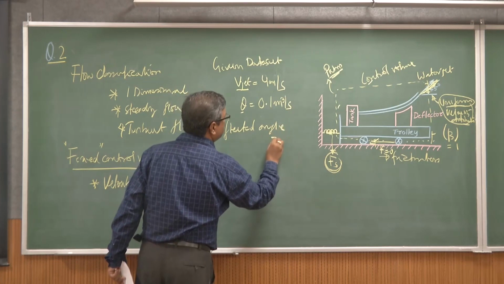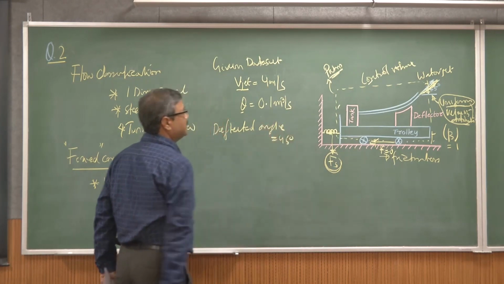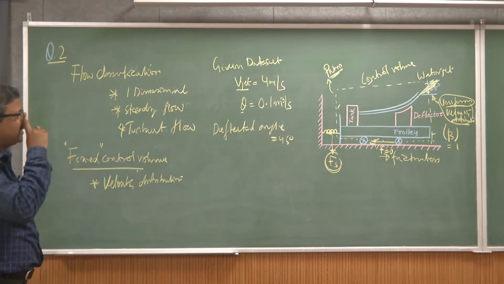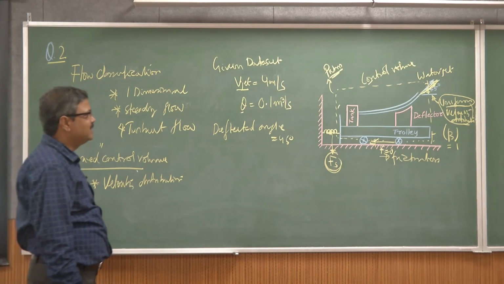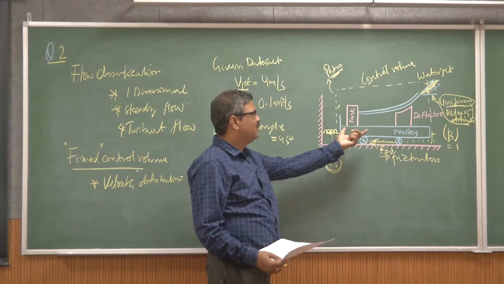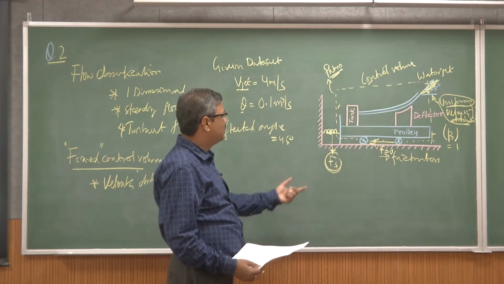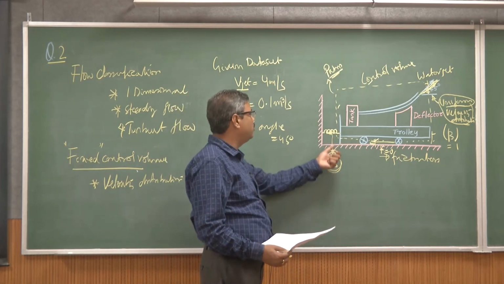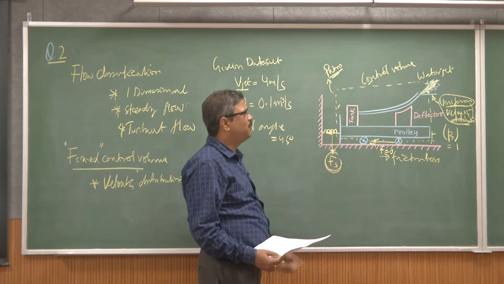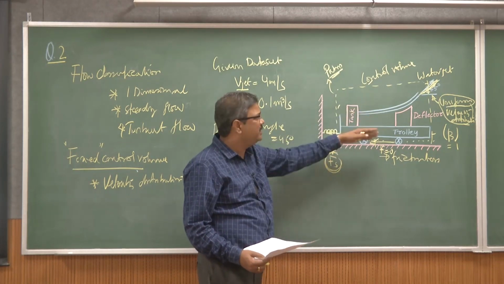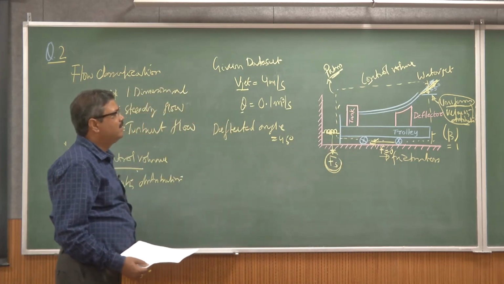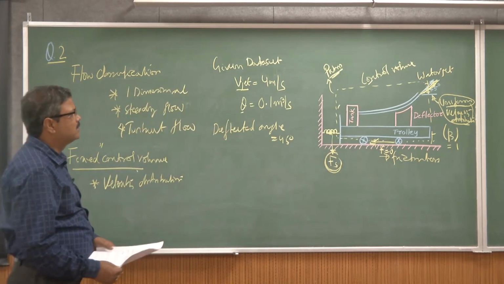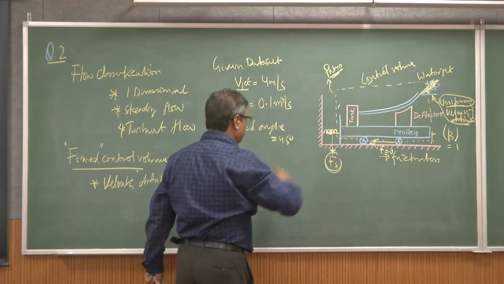In this case, it's 45 degrees. So if you look at this problem, it's quite simplified, because we do not need to apply any mass conservation equation, because we just need what could be the force acting on this spring. That means it's quite an easy problem. We just have to apply the linear momentum equation for this control volume.